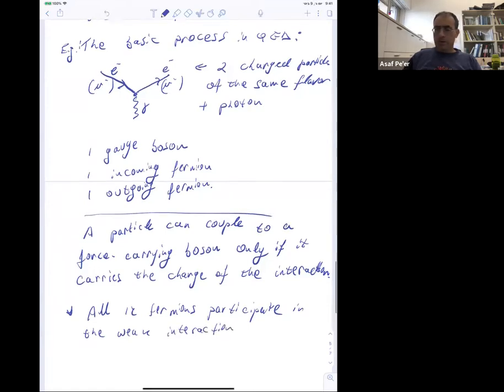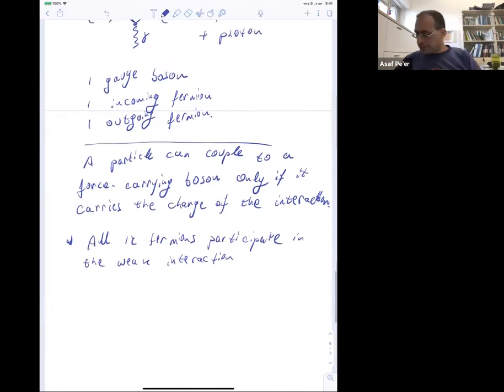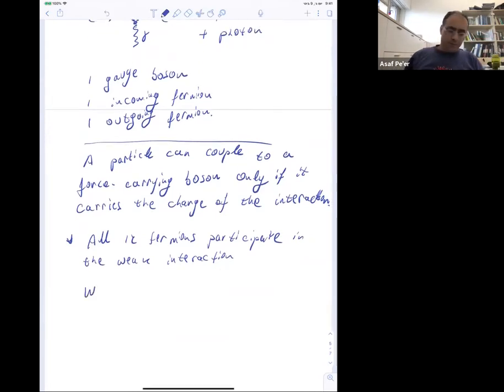Now the weak interaction charge, again, it's jargon. It's called the weak isospin. We'll discuss this shortly.